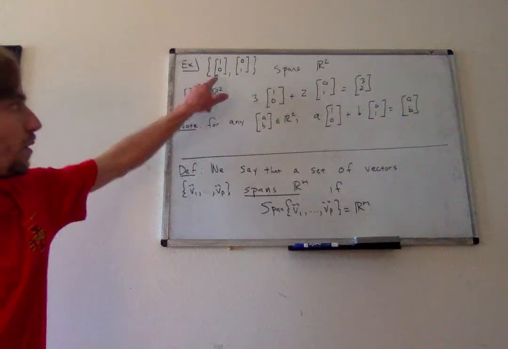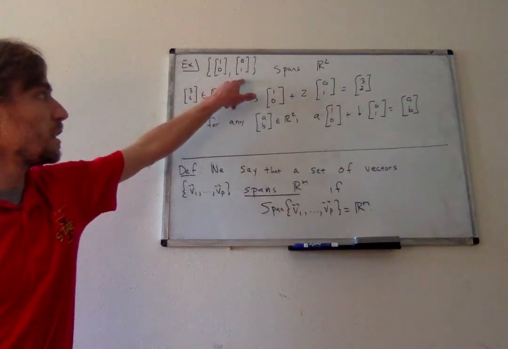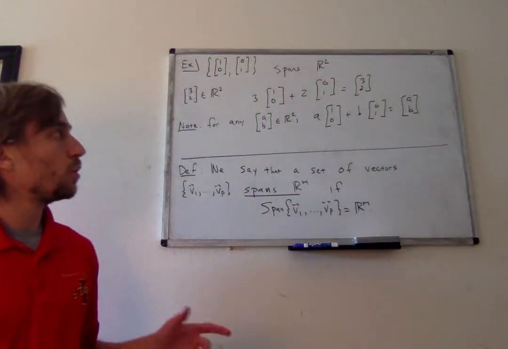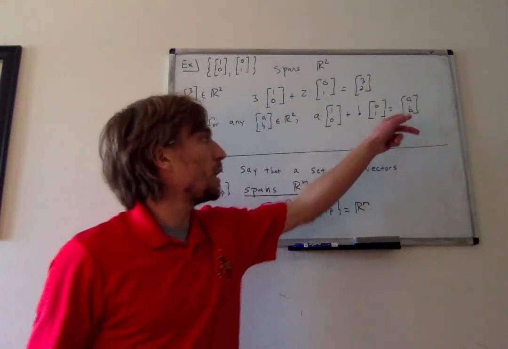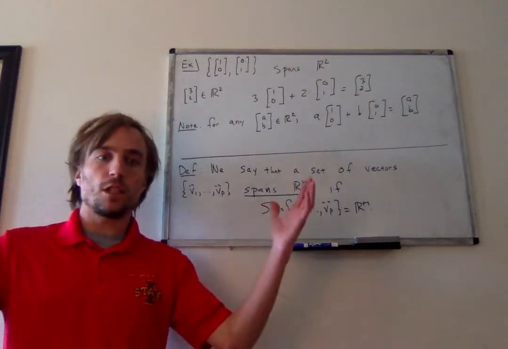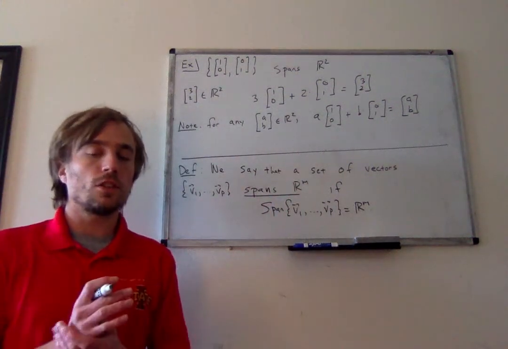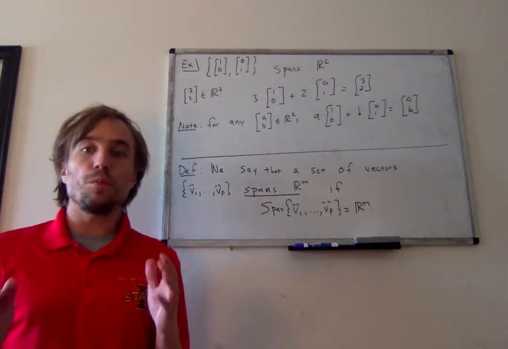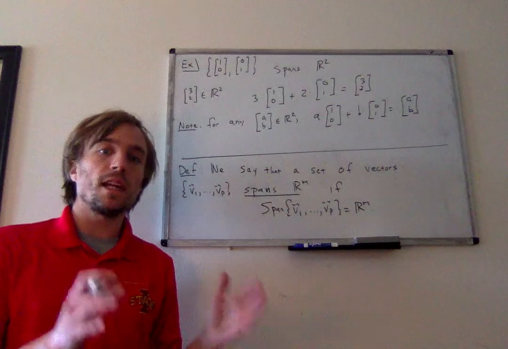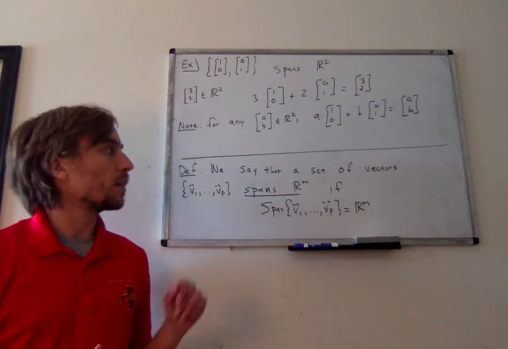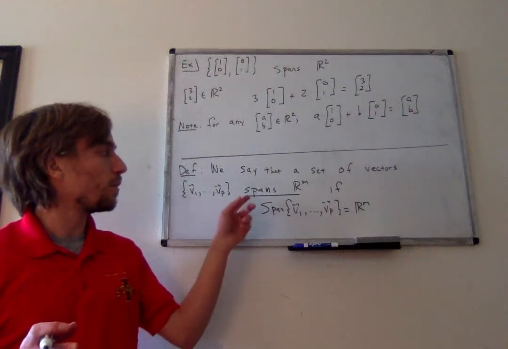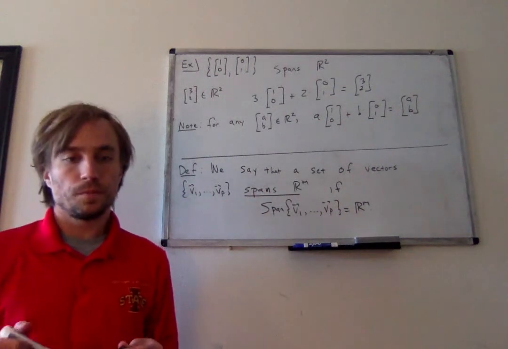And so this here shows us that this set of vectors spans R2 because any vector I pick in R2 can be written as a linear combination of these two vectors. And so what this is saying, if we expand our dimensions or the lengths of our vectors out, any vector I pick in Rm can be written as a linear combination of these p vectors. And so if that's the case, we say that this set of vectors spans Rm.